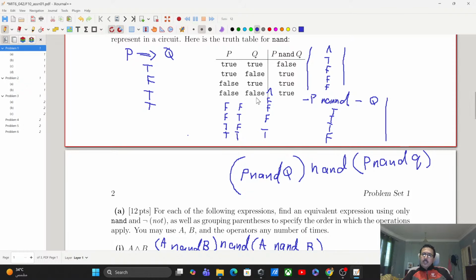So if NAND only gives false when it's true, true. In this case, here, true, true. And the rest is true.